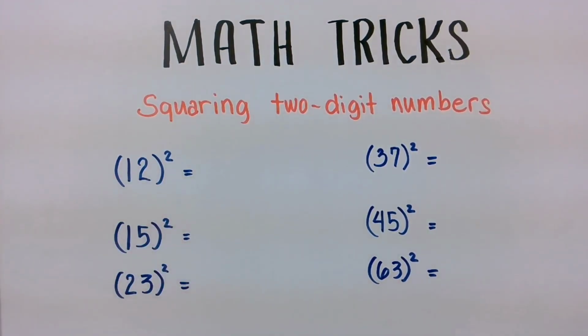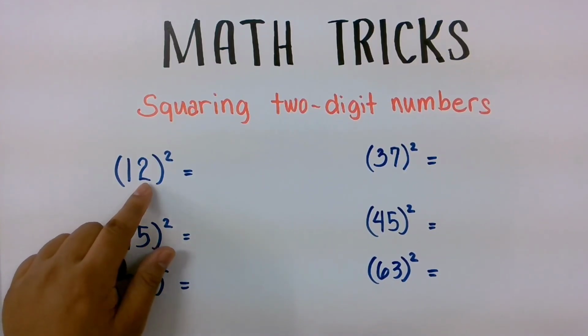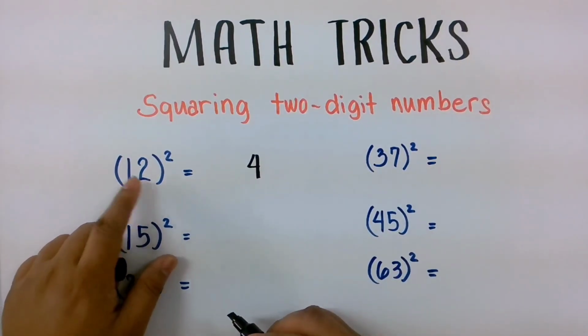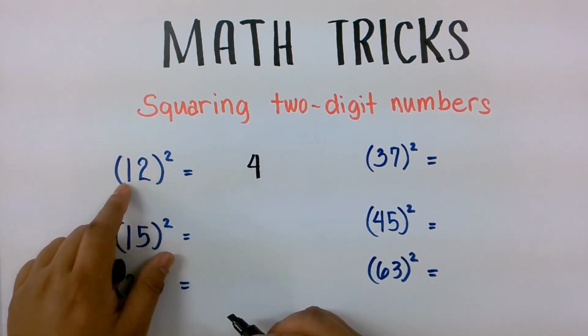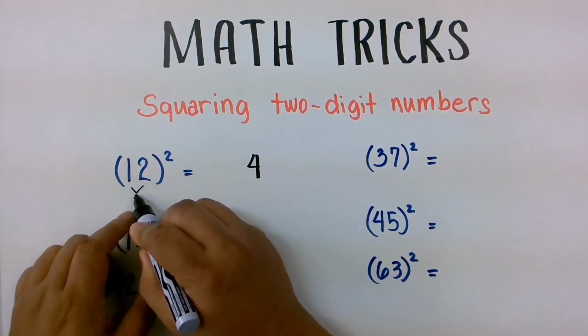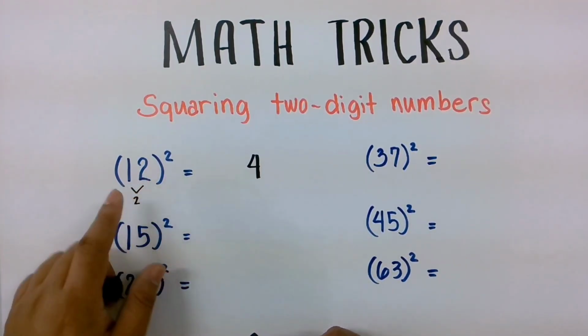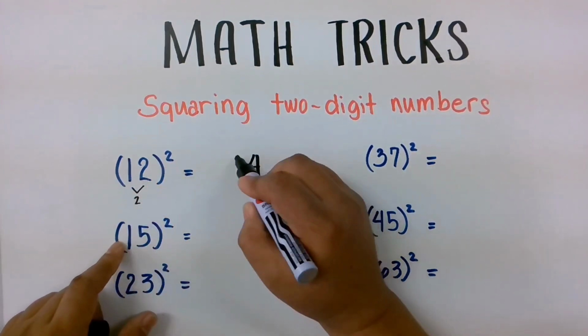Ang technique lang dito, i-square mo lang yung ones digit. So 2 squared is 4. Okay? And then, imumultiply mo sila magkatabi. 2 times 1 is 2. Okay? And then, imumultiply natin yung product nila sa 2. So, 2 times 2 is 4.